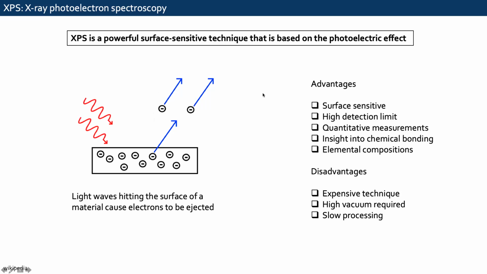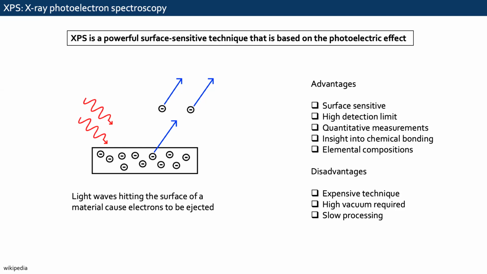It's really surface sensitive. You can really go on just the top few nanometers. It has a really high detection limit, which means you can detect really small quantities of an element, so it's highly sensitive. You can get quantitative measurements. It's not just a qualitative technique to say we have iron and copper in there.